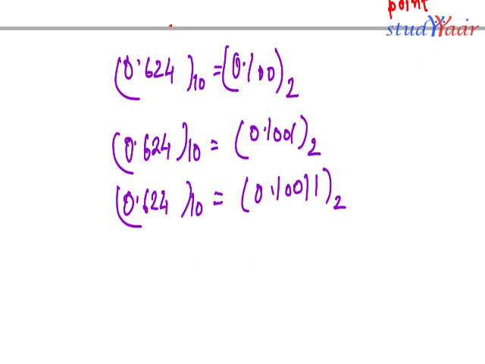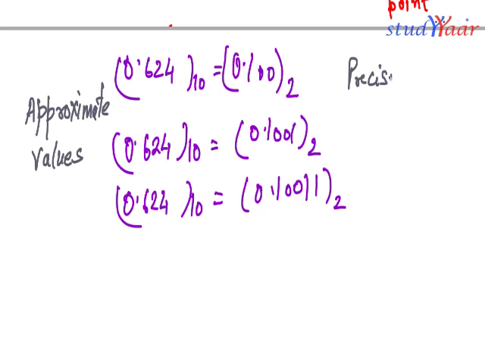These are all approximate values. This is precision of 3 after decimal places, precision of 4 after decimal places, and this is precision of 5 after decimal place.